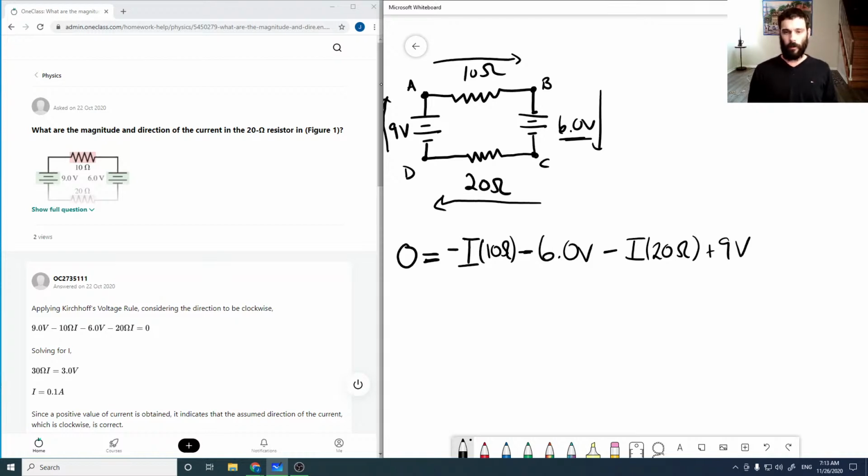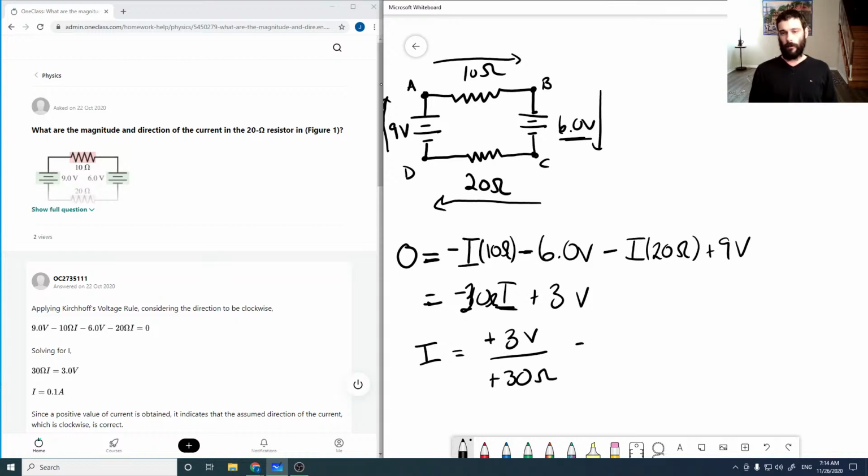Okay, so now we have our equation and we can solve it. So we've got 0 is equal to minus 10I. And I'm just going to collect things, so I've got a 20 over here, so that actually should have been a minus 30. And then we've got a minus 6 plus a 9, so plus 3 volts. That's still an ohm. And so our current is minus 3 volts over minus 30 ohms.